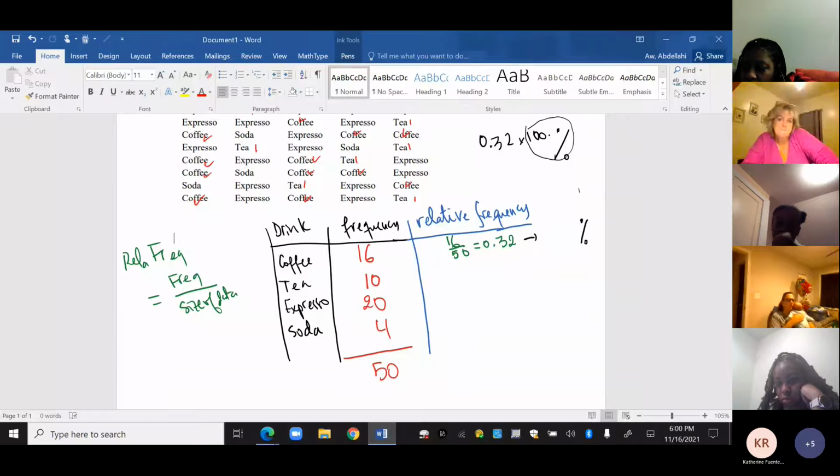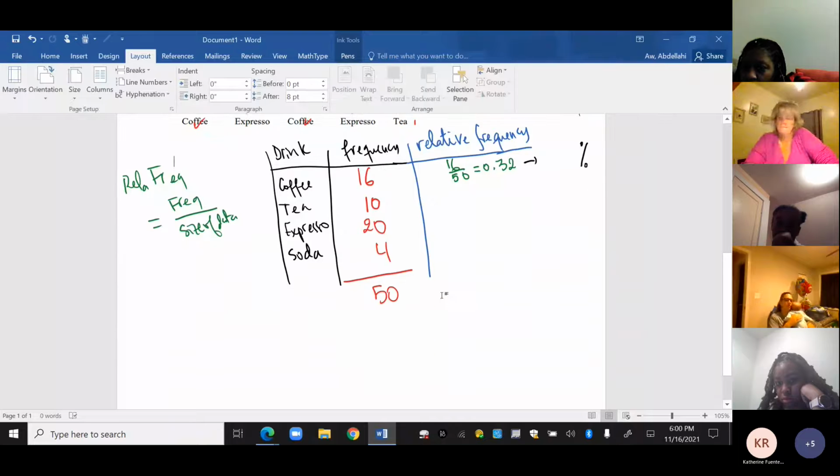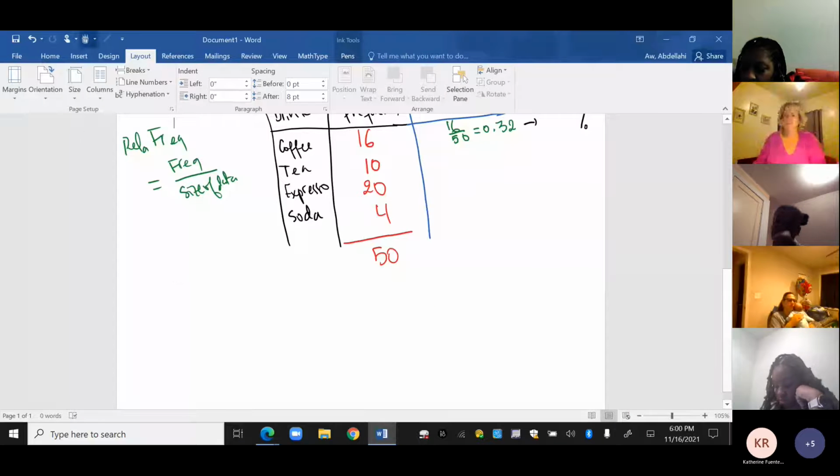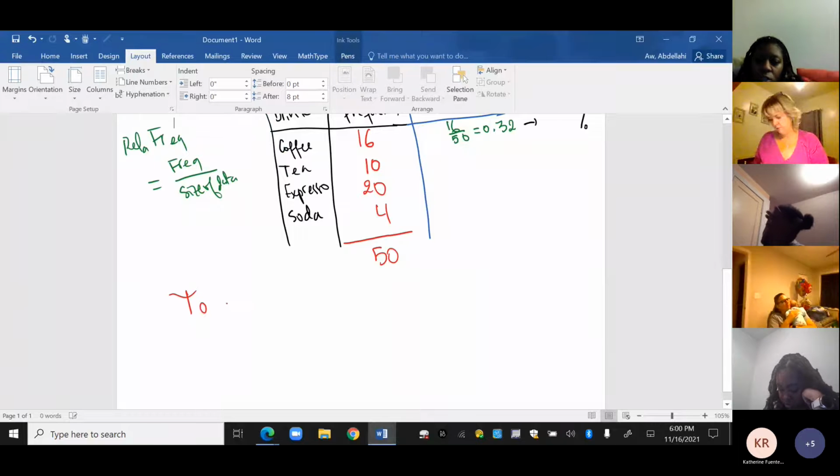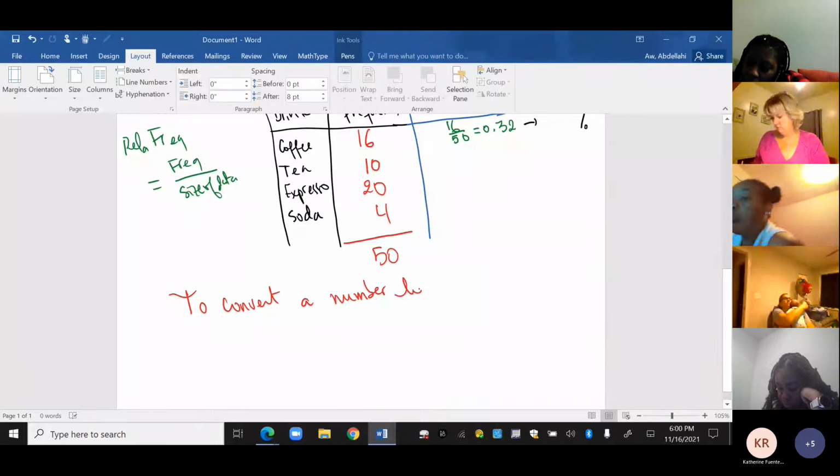Let me write it down. To convert a number to a percentage, what you do? Multiply by 100.